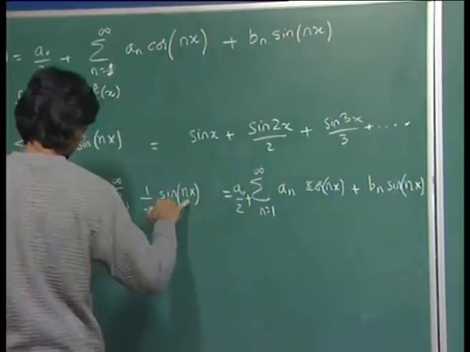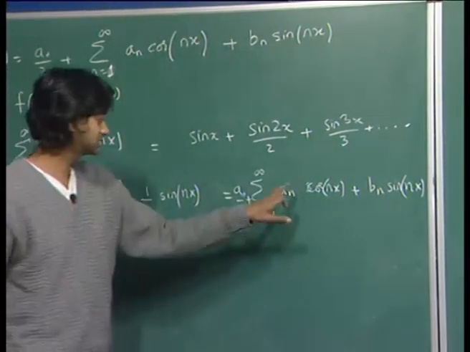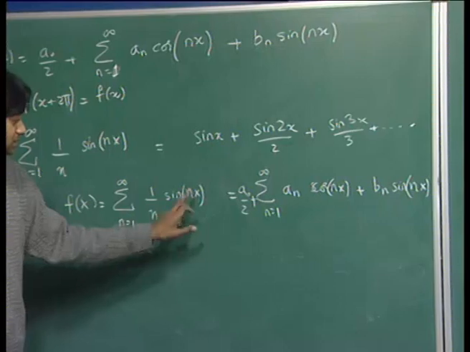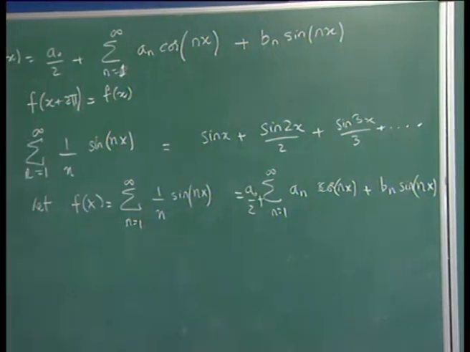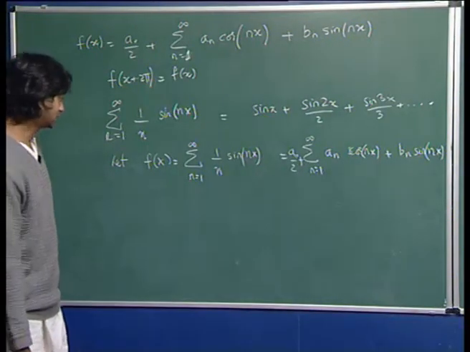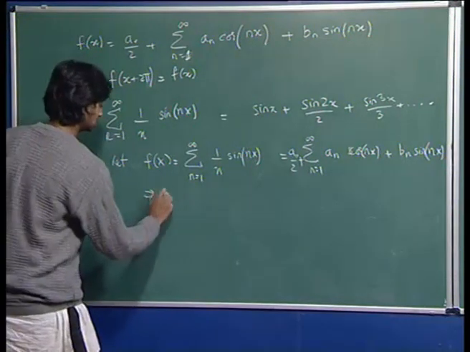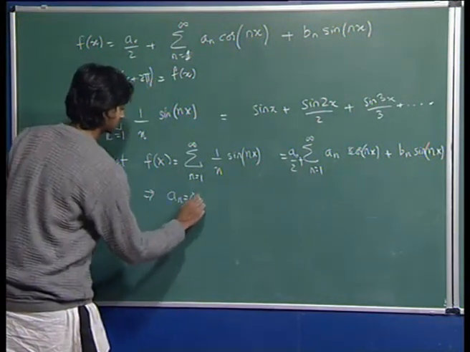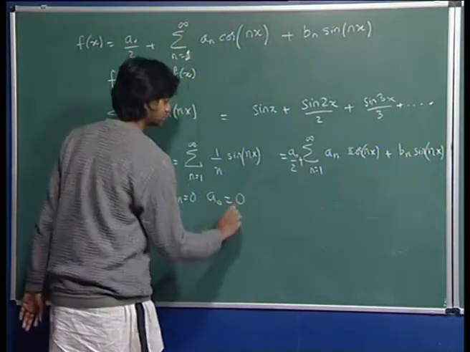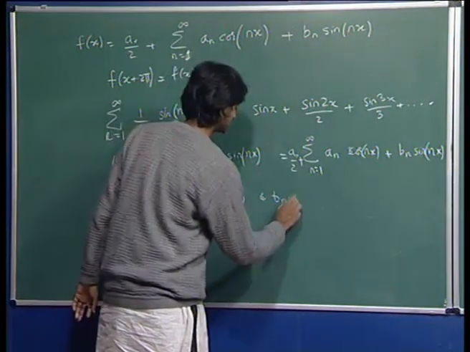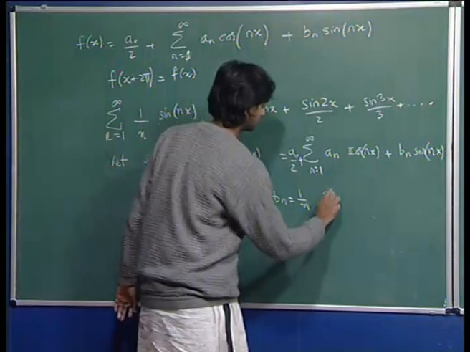Since sin n x is a periodic function with period 2 pi, I just wrote it as a periodic function in period 2 pi. Now, this implies a n equal to 0, a 0 equal to 0 and b n equal to 1 by n for n not equal to 0.